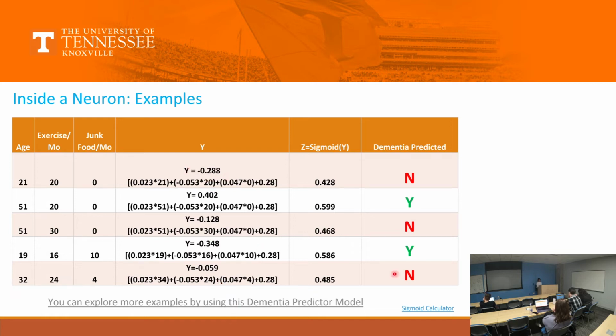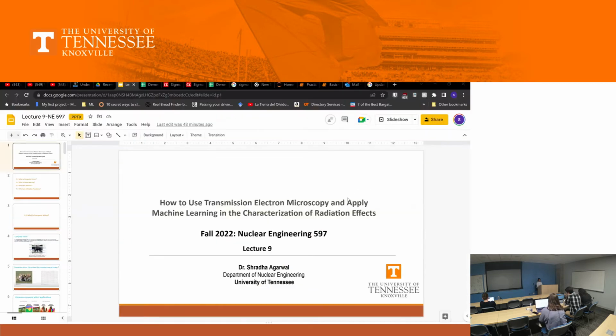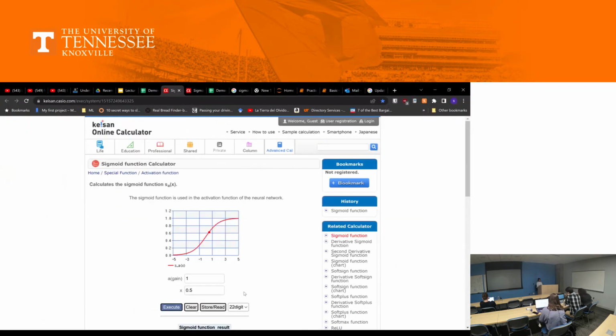Now, if I go and I just click here, just a second. I click here and I simply give my value. So this is a sigmoid function here.